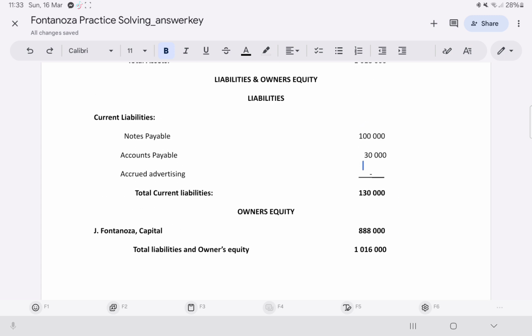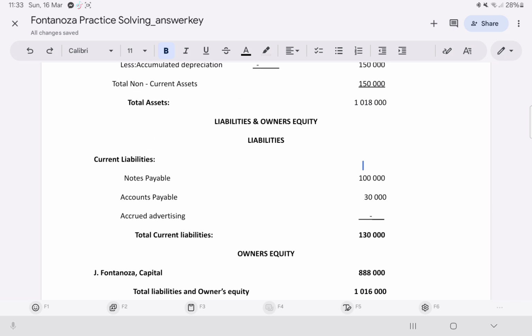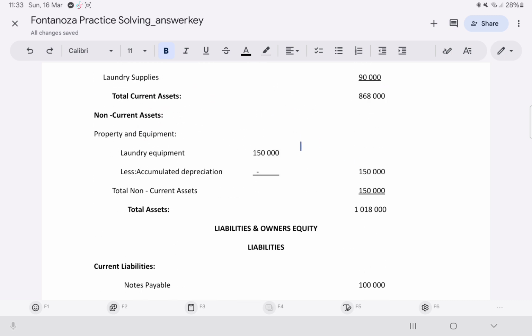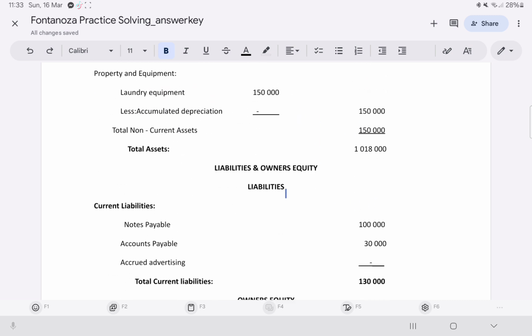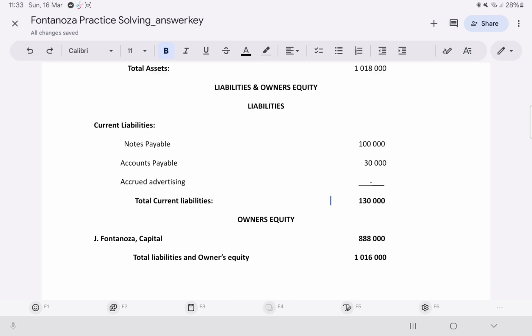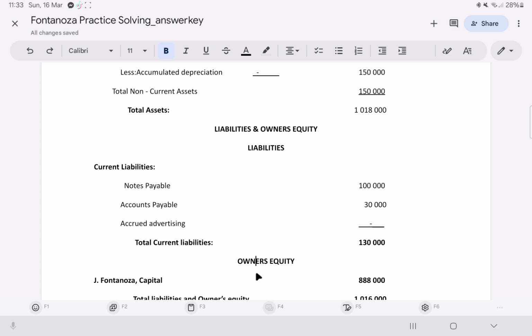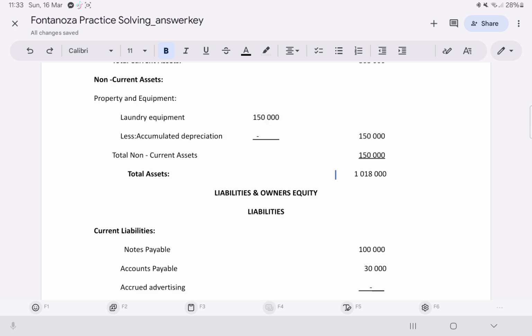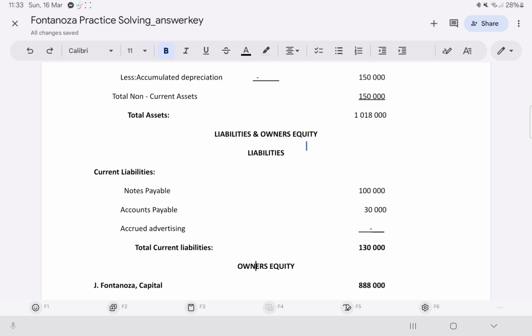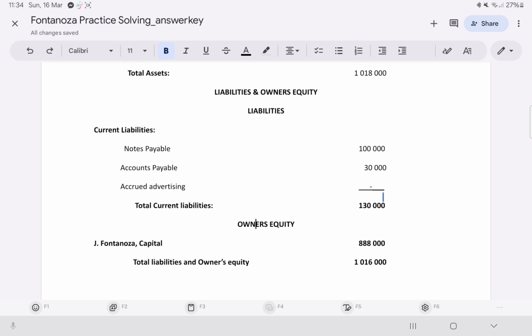Let's compute. For us to determine the balances, remember that assets is equal to liabilities plus owner's equity. So we need to add the liabilities and owner's equity amount so that we can come up with balance in assets and liabilities plus owner's equity. 130,000 plus 888,000.